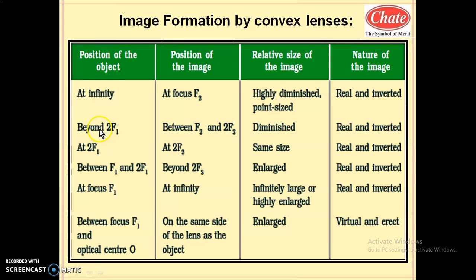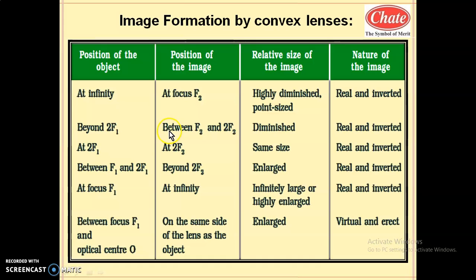Whenever the object is beyond 2F1, then the image will shift. As the object is coming toward the lens, the image will shift away from the lens. So as the next position, the object is beyond 2F1, then image will shift away from F2.